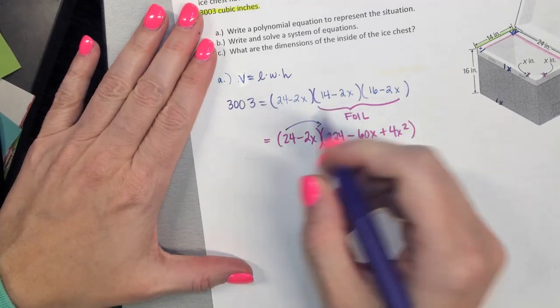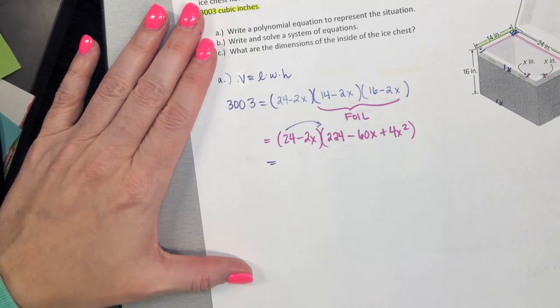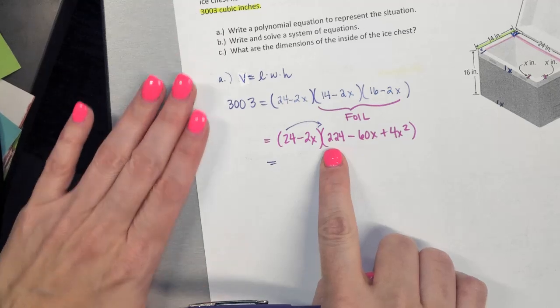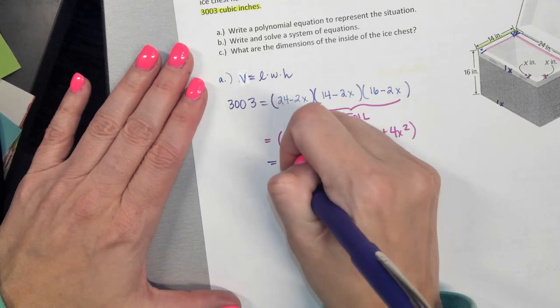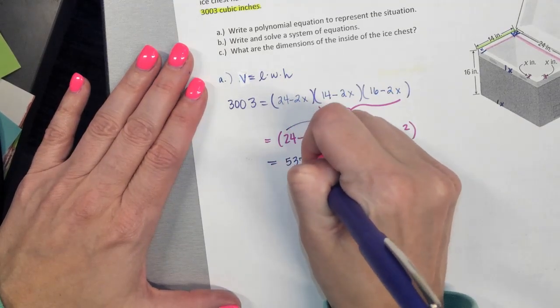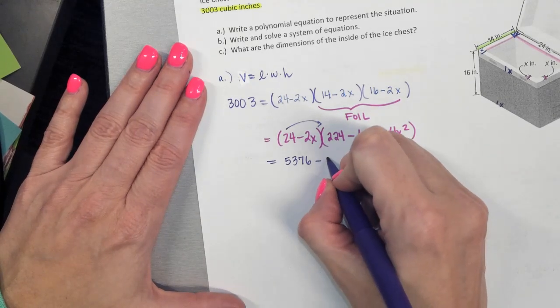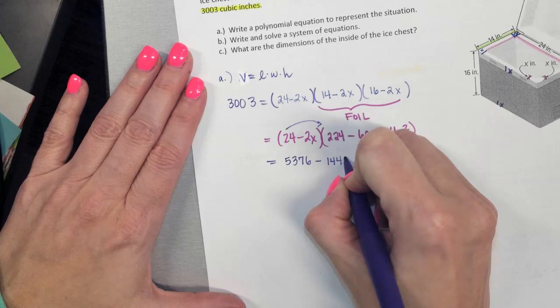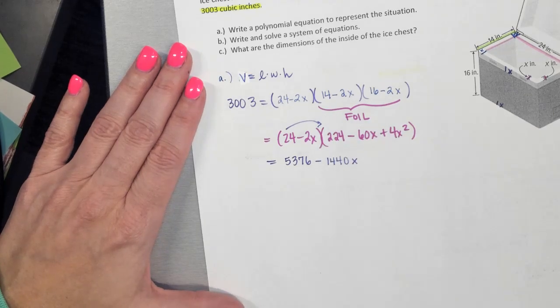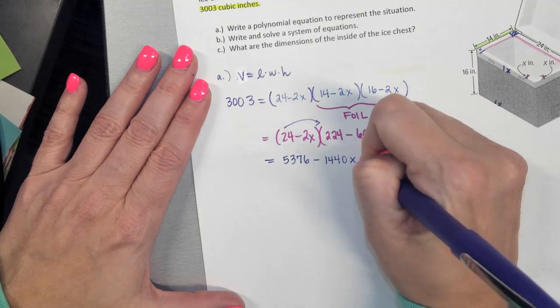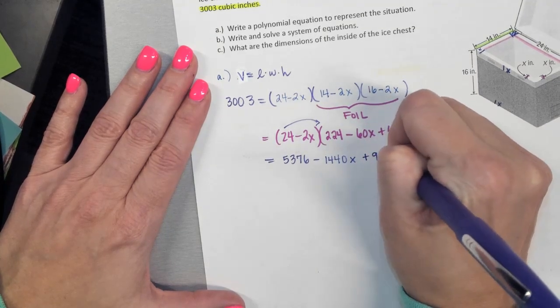When you're multiplying everything by 24, you can use your calculator to do 24 times 224. Thank goodness, right? Then 24 times negative 60 is negative 1440, and 24 times 4 will give you 96x squared.